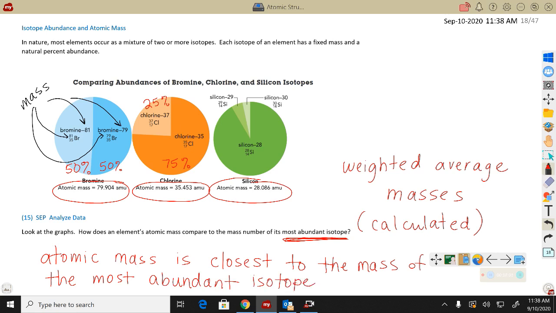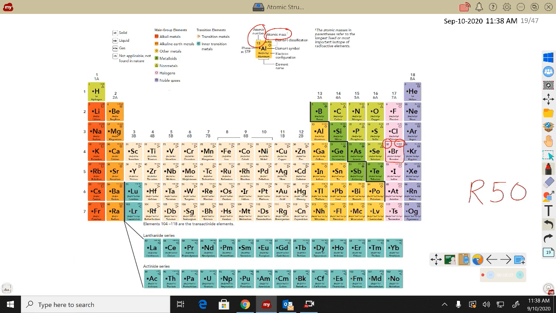It'll always be like that. How fantastic is that? All right, so here's my periodic table.